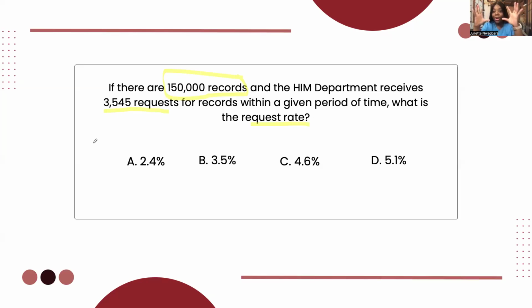To get your answer, what you would need to do is similar to elementary math: you have your numerator over your denominator, right? Your numerator is the amount that you're working with, and you would then divide that by the total number that you have.